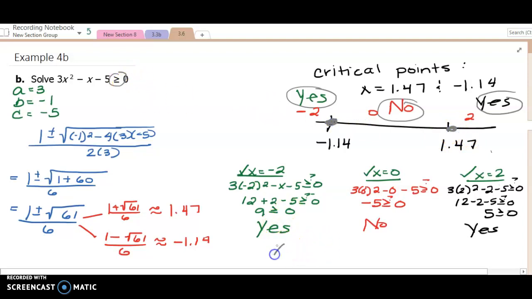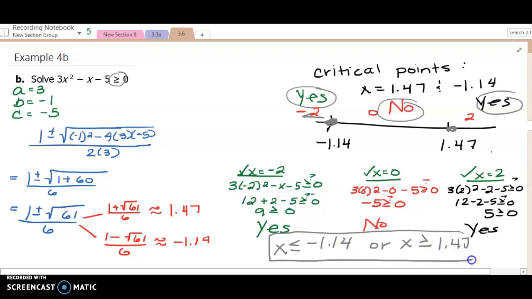So we would say x is less than or equal to negative 1.14, or x is greater than or equal to 1.47. And that would be how we'd write our final answer.